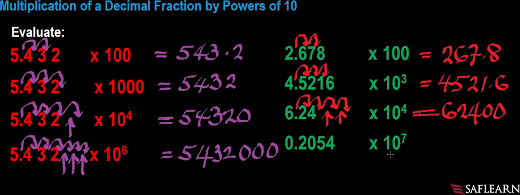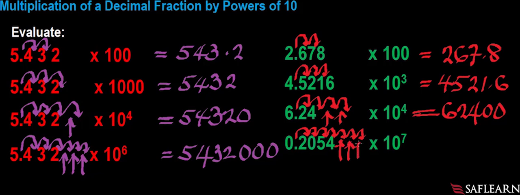And then finally here we are moving the decimal point 7 spaces. This is 10 raised to the power 7, so 7 spaces to the right. So that would be 1, 2, 3, 4, 5, 6, 7, and by so doing we have created 3 blank spaces.